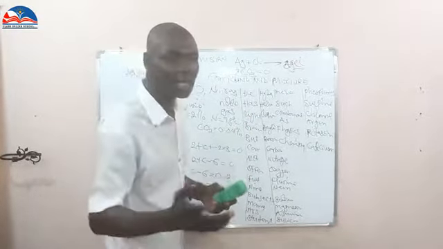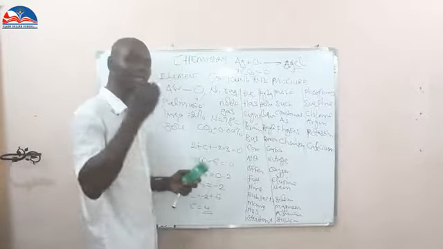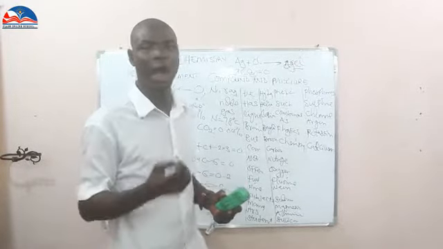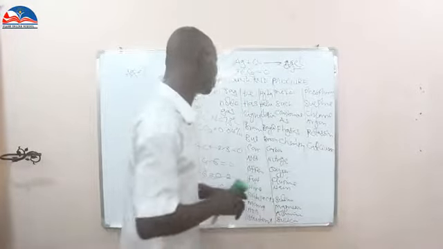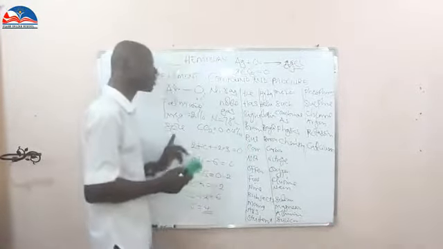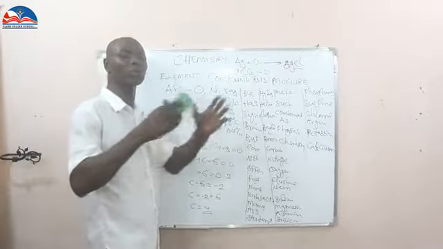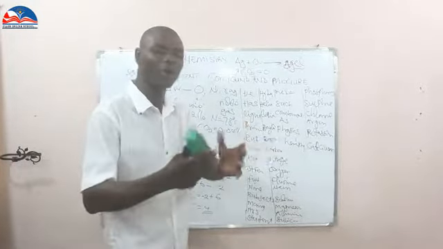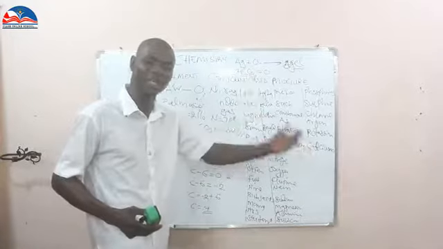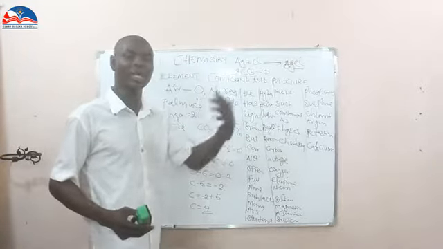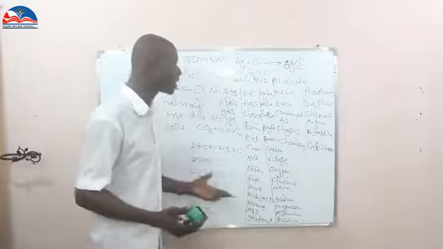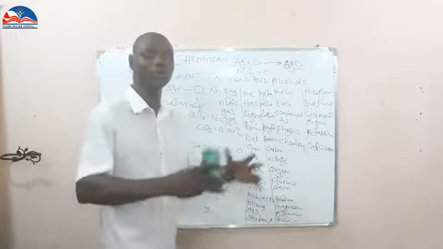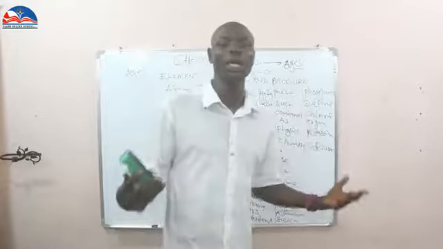Now, if I may ask, have you not seen sandy soil before? Or have you not seen clay soil and loamy soil? Because of that, all of them can be separated. They can be together to become soil, but when you separate them, you see a sandy soil, a loamy soil, a clay soil, and you also see organic matter and the mineral materials involved. All of them come together to form what we call soil.